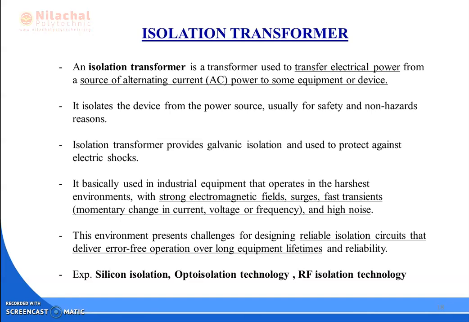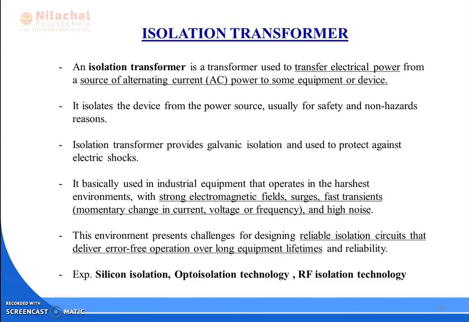It is basically used in the industrial field, because there the computers are operating in the harshest environment, such as strong electromagnetic fields, fast transients, momentary changes in current or voltage, high voltage, low voltage, power surges, and high noise in the current. So these transformers help in reducing those hazardous conditions.